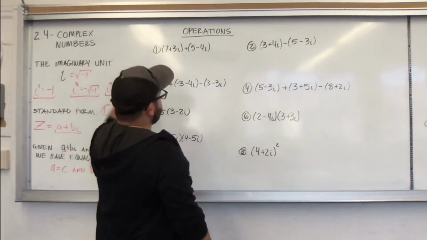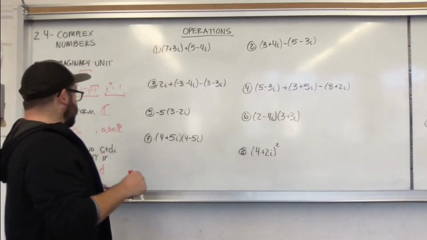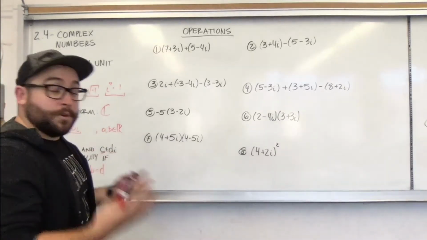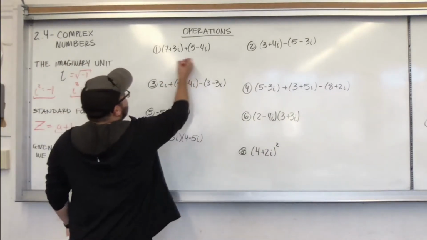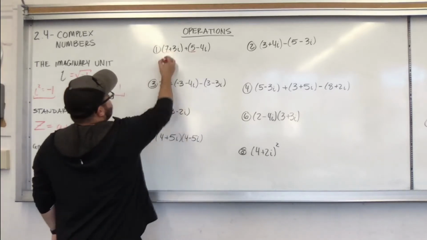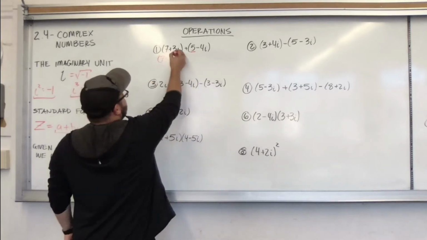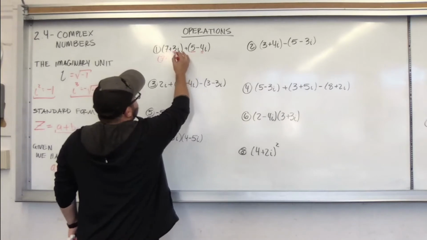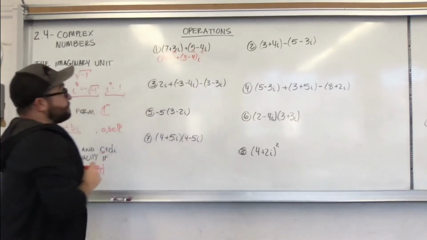Now, the first 4 are dealing with either addition or subtraction. And the nice thing about addition and subtraction of complex numbers is I'm going to be using the phrase component-wise, we add them. And here's what I mean by that. If we add or subtract 2 complex numbers, we add the real pieces together, so 7 plus 5, and then we add the imaginary pieces together, so 3 plus -4, so 3 minus 4 i.